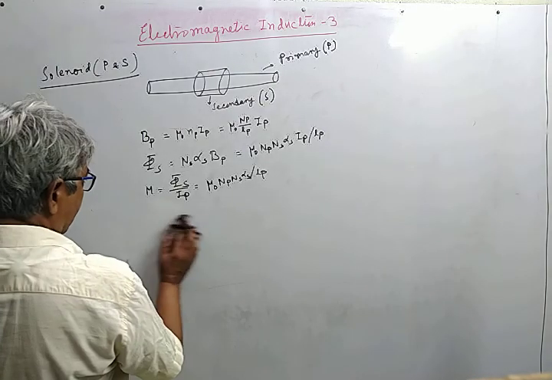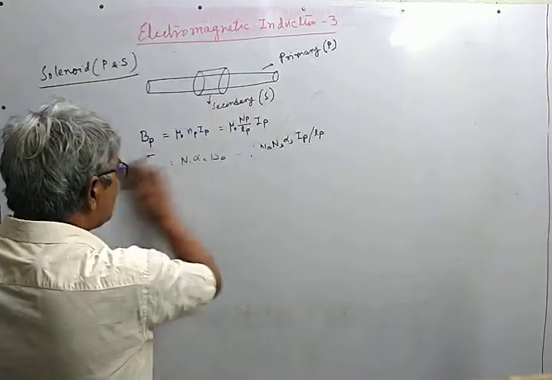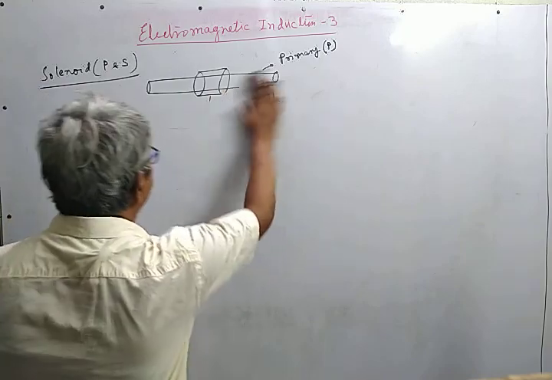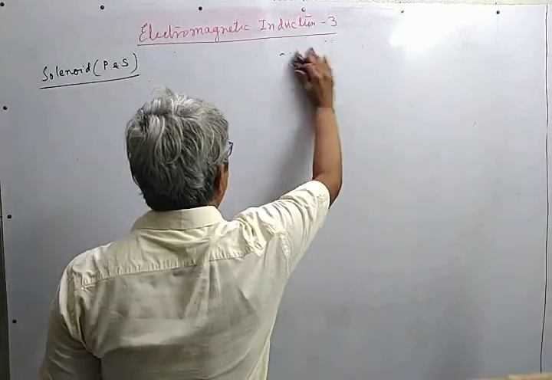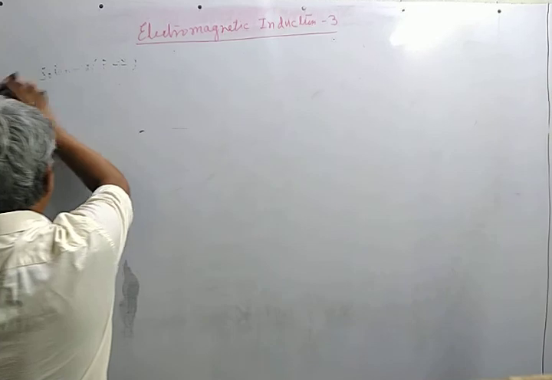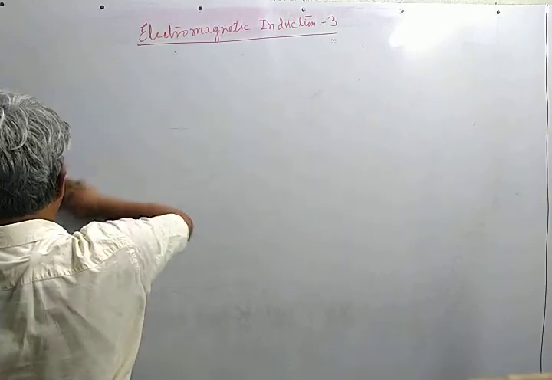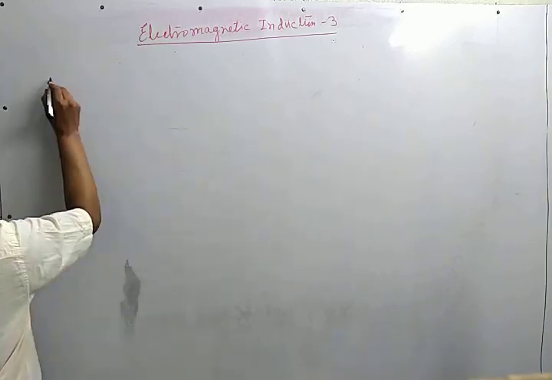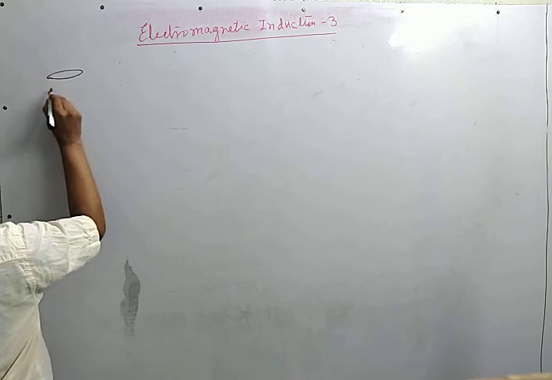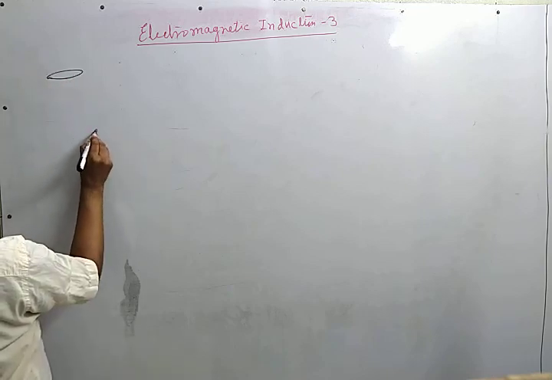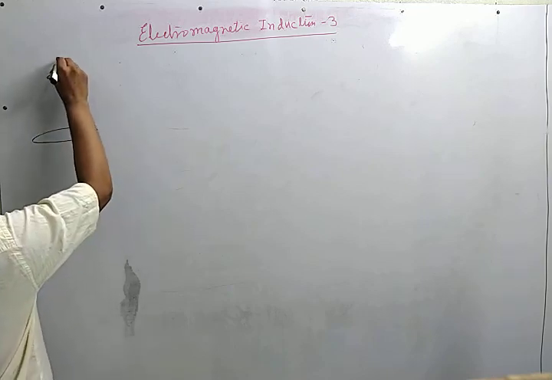As the second example, we consider two circular coils of parallel cross-section, and they are separated by a distance. So we have one circular area and another circular area.